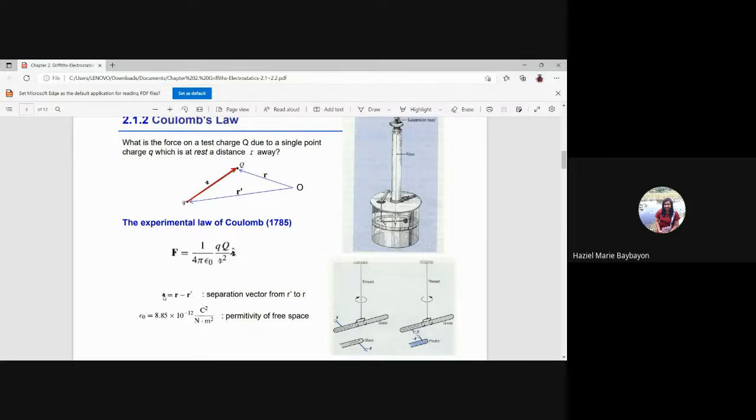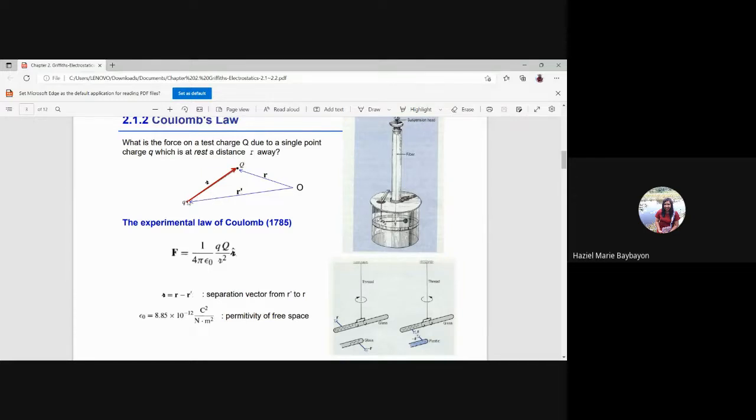Note or recall that the separation vector is equal to r minus r prime. This is your r, the distance from the observation point, or you can call it the origin, towards the field point or the test charge. And from the origin up to the source charge is r prime.